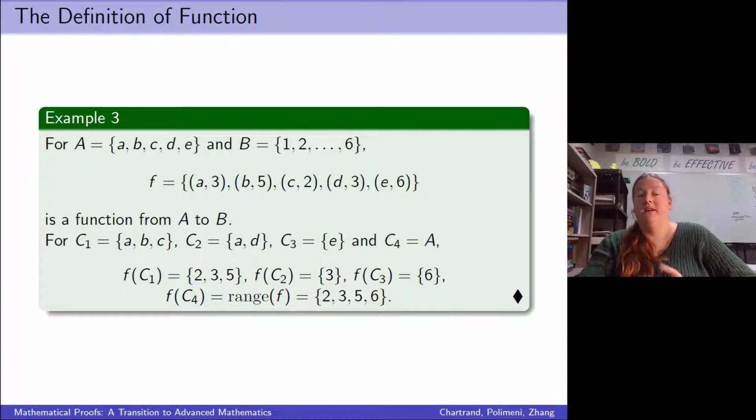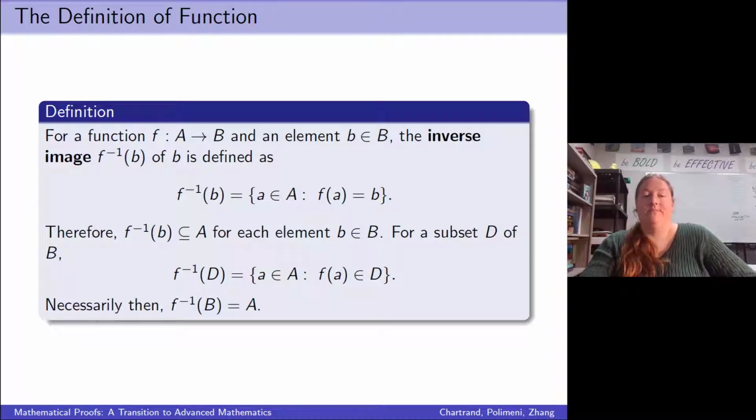So 3 is in there, 5 is in there, and 2 is in there. And I would list them in order: 2, 3, 5. And similarly, I can do the same thing for C2 being {a, d}, C3 being {e}, C4 being all of A. So we can see those worked out.